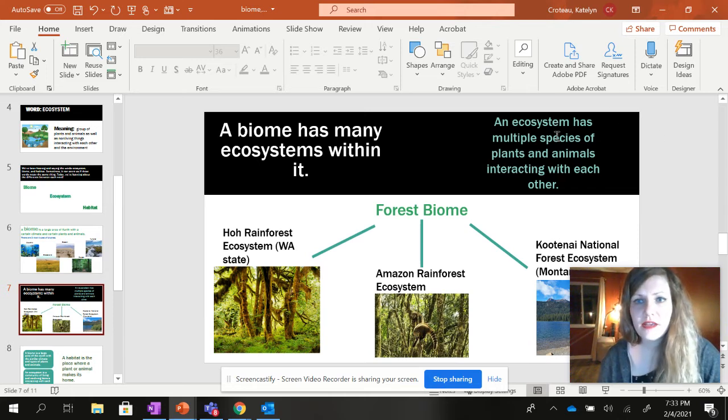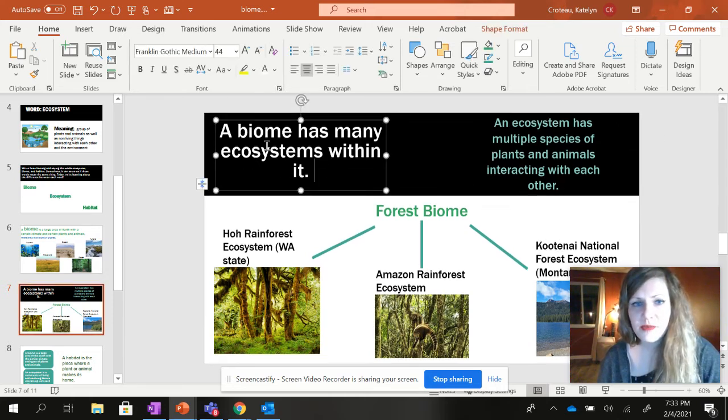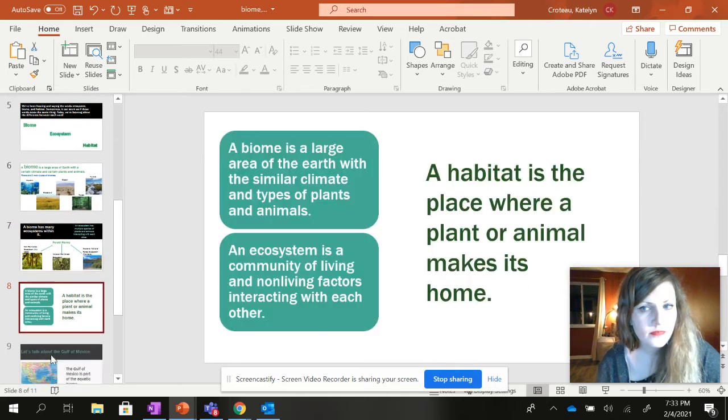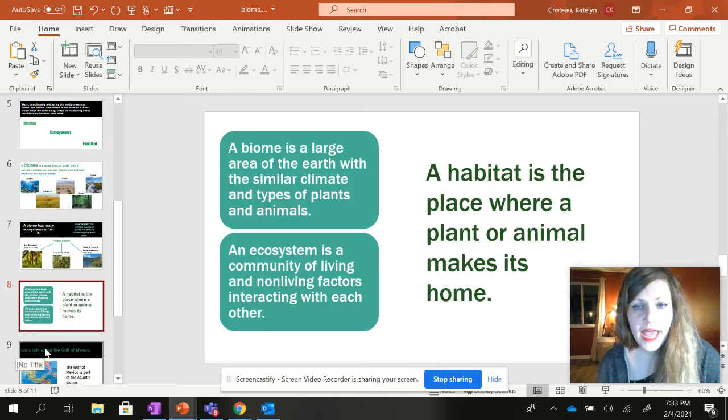Okay, so it's basically a biome has many ecosystems inside of it. An ecosystem has multiple plants, animals, and species interacting with each other. Okay, so there might be many different kinds of ecosystems in a biome, many examples. A habitat is the other vocabulary word.